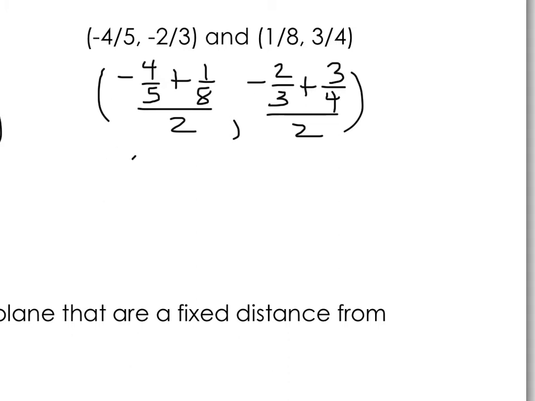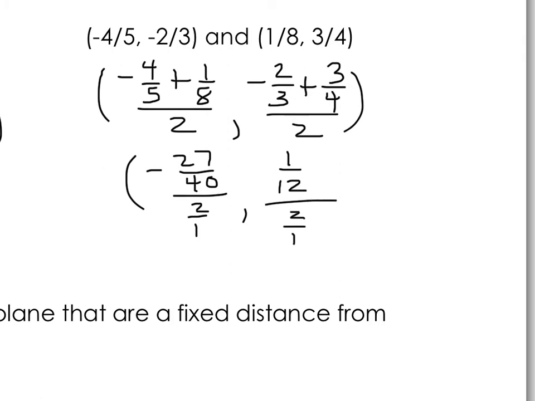Let's try that again. Negative 27/40 divided by 2. I like to think of that as divided by 2 over 1. Negative 2/3 plus 3/4. That's 1/12 divided by 2, or divided by 2 over 1.